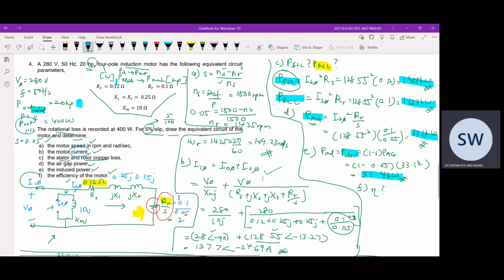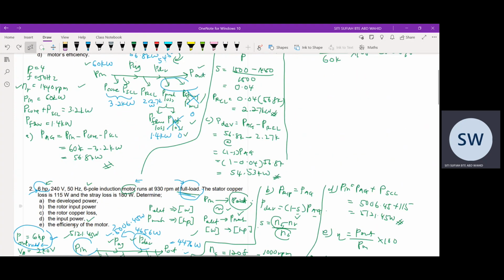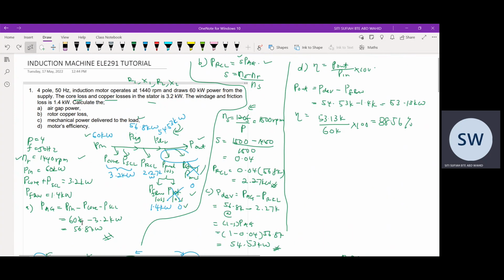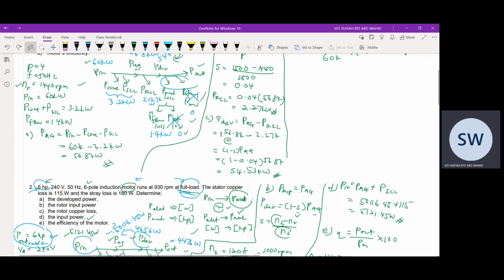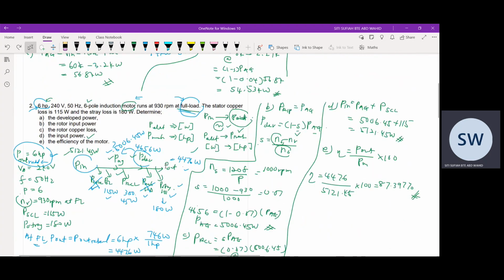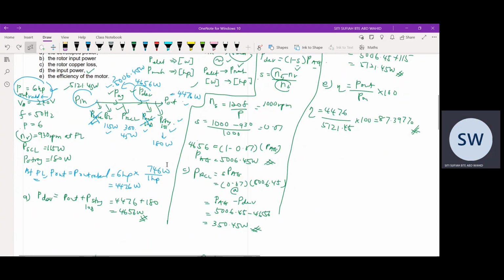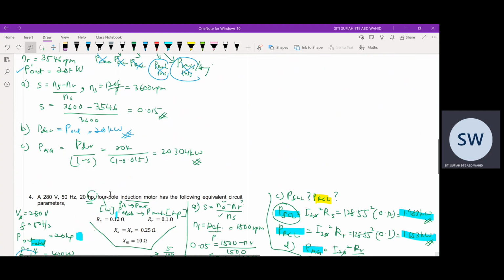But for questions 1, 2, 3, where it's not given, you play around with the formulas that do not involve the value of R or current. For example, a formula using S times P air gap, P developed equal to 1 minus S times P air gap, that one you can use, or you can play around with plus and minus on the power flow diagram for questions 1 until 3. Okay, that's it for this video.